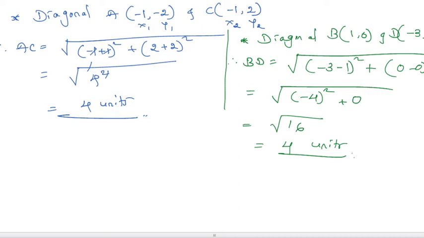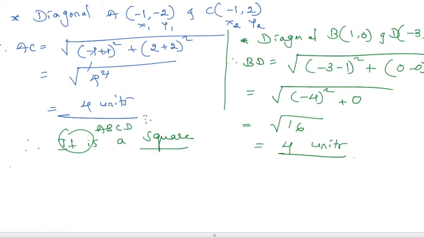What do you conclude here? Name the quadrilateral. Therefore, it is a square. Here ABCD is a square. Why is it a square? Give reason for the answer.